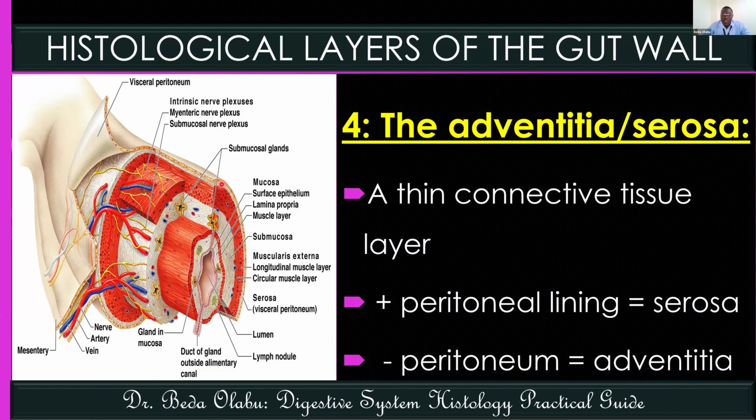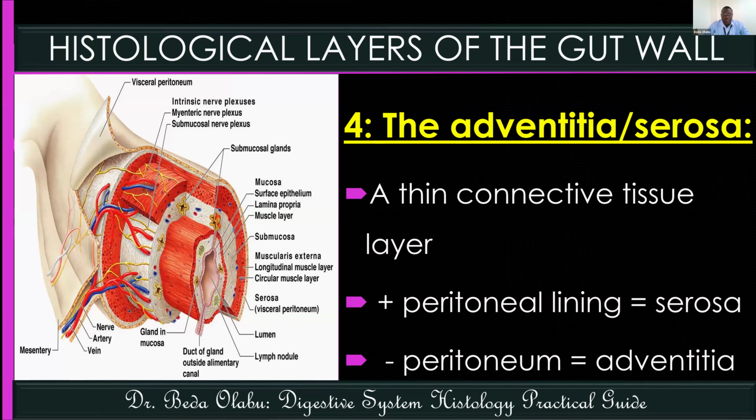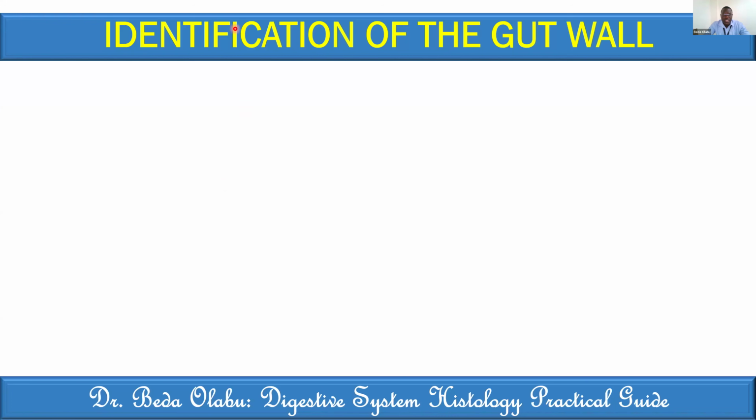Great. So having taken you through that, I want us to now look at the parameters that we'll actually check. We've already mentioned them, but I want to bring them into one consolidated slide to talk about the particular things that we check if you're going to identify a gut wall. We'll focus on mucosa, submucosa, and muscularis propria.